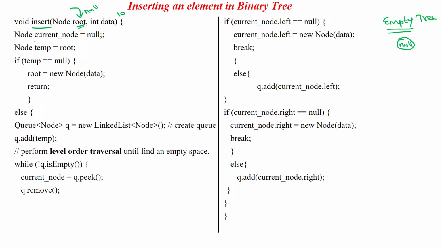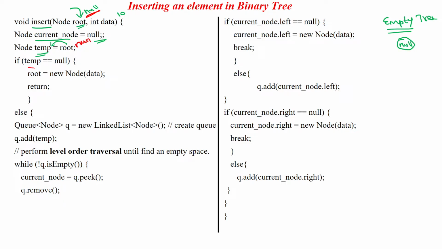Now I create a temporary variable current_node, which is null, and another temporary variable to which I assign the root value. The root value is null, so null is assigned to the temporary.